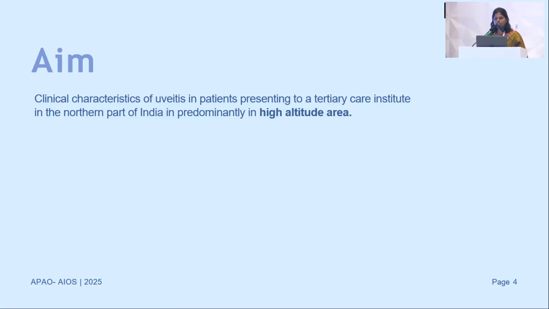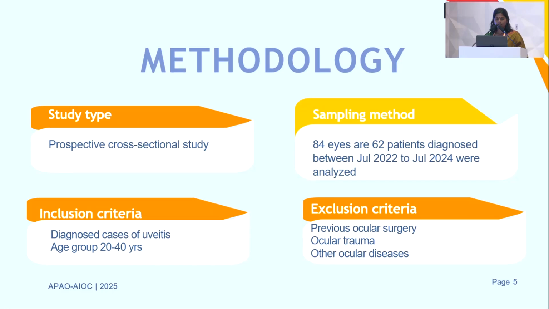The aim of this study was to look for the pattern of clinical characteristics of uveitis in patients presenting to a Tertiary Eye Care Institute, that is a zonal hospital in northern India in Srinagar, J&K. This was a prospective cross-sectional study of 84 eyes of 62 patients diagnosed between July 2022 and July 2024.